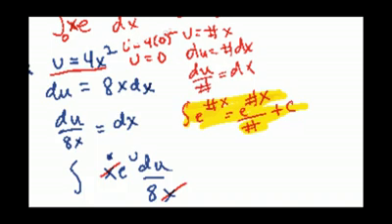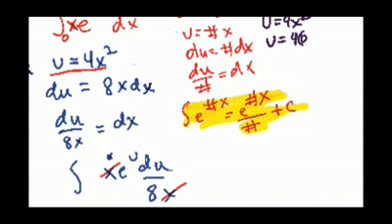I'm going to write that in a different color somewhere else so we can see that. So if u equals 4x squared and x equals 0, by coincidence you get u also equals 0.